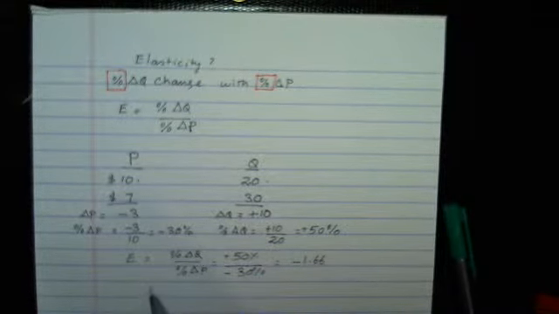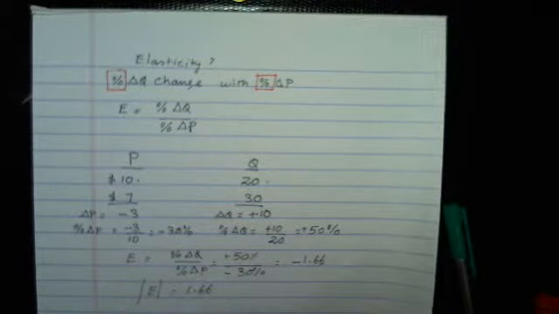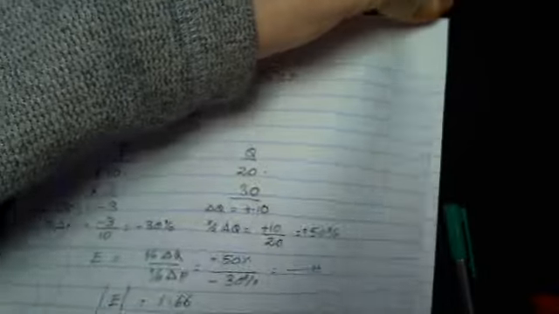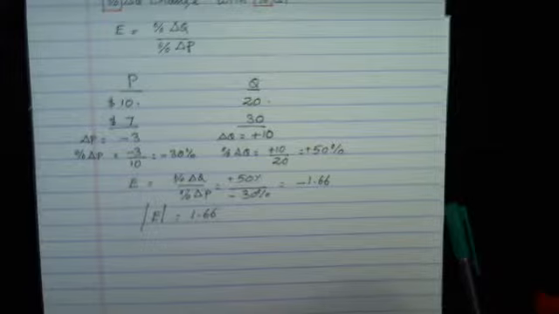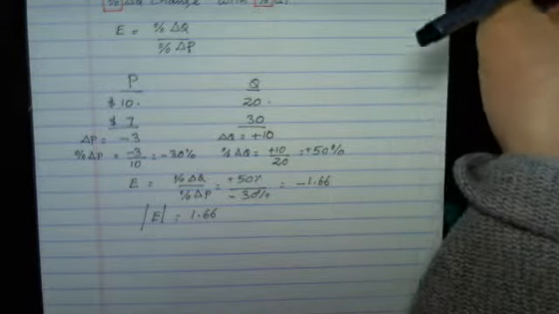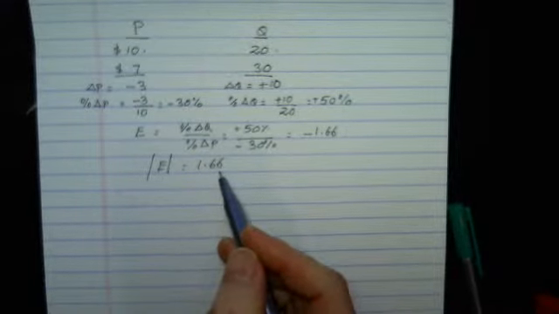But typically we put elasticity in absolute terms. We take the signs out. We're saying it's 1.66 elasticity. In other words, we're saying the sensitivity of these consumers is that for every 1% change in price, there is a 1.66% change in quantity.